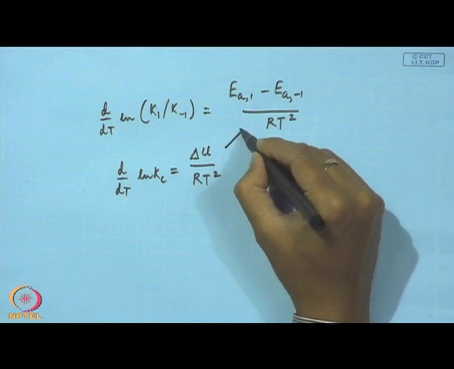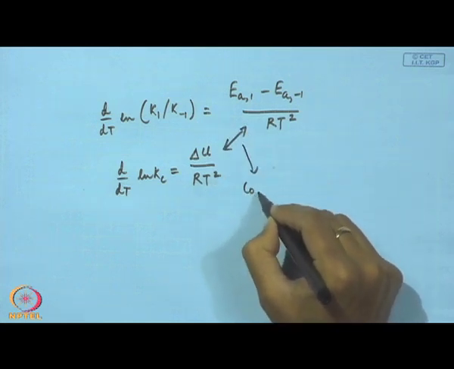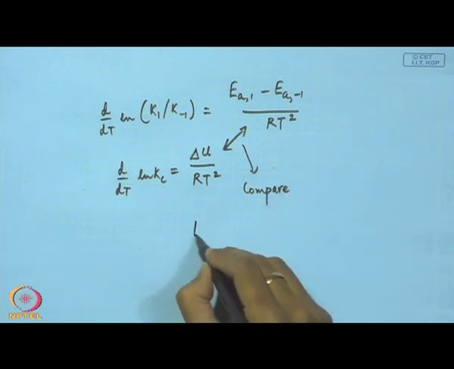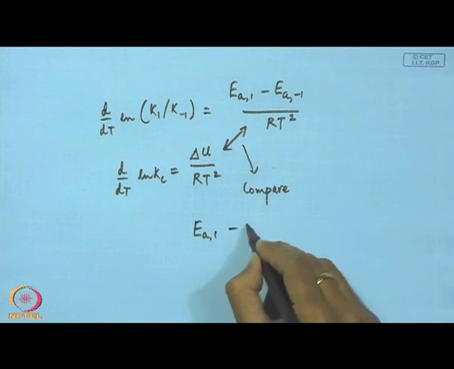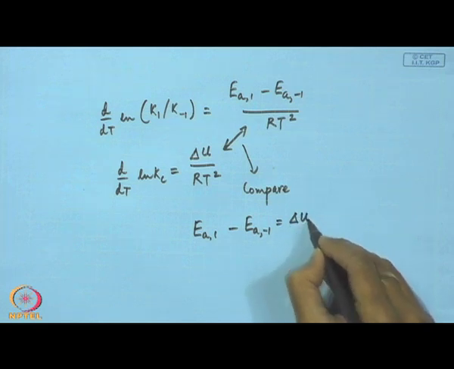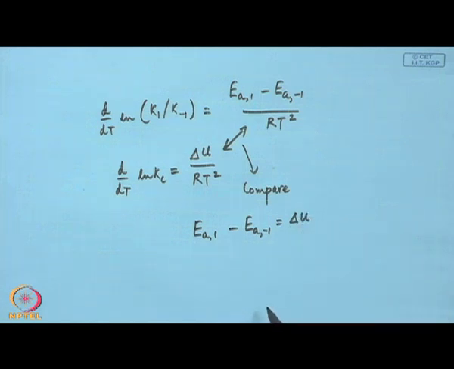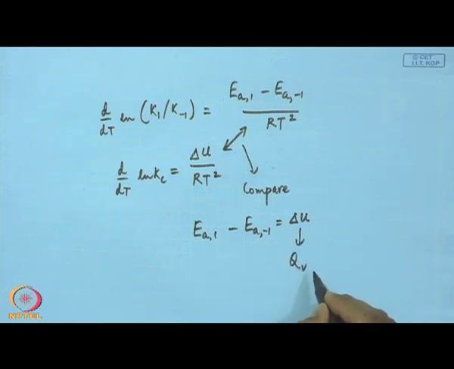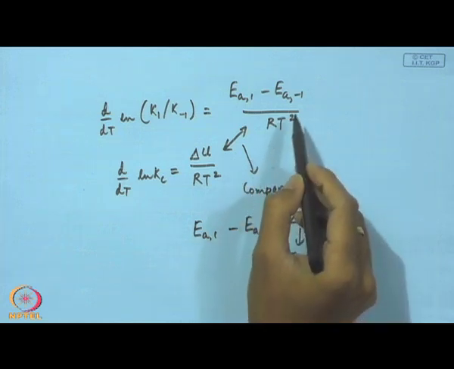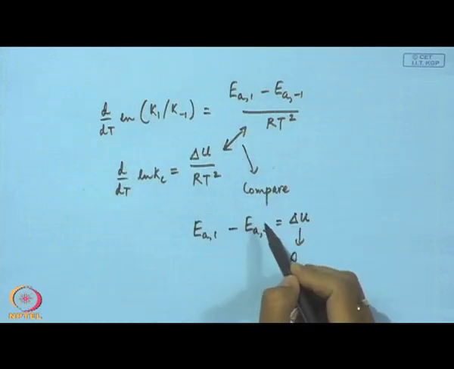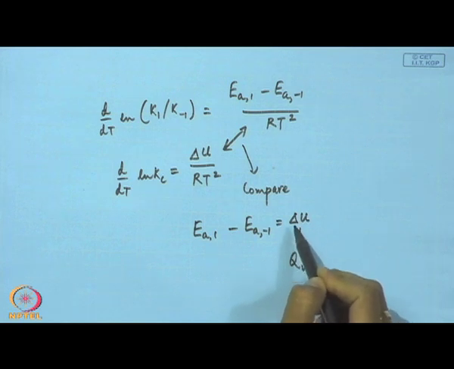So, now if you compare these two, you can write activation energy 1 minus activation energy minus 1 is equal to delta U. Okay. And delta U is nothing but Qv, heat exchange at constant volume. So, in this way you can relate your rate constant with some thermodynamic quantities like delta U.